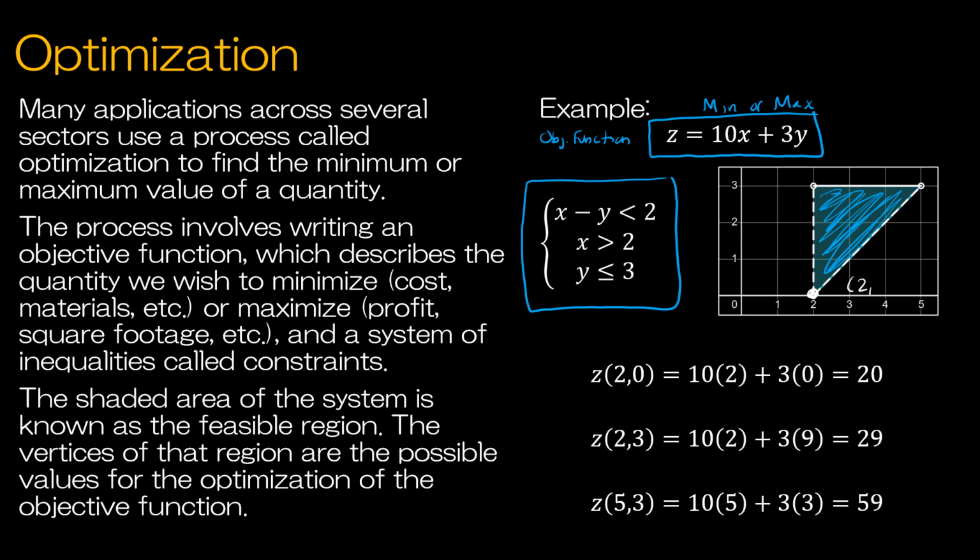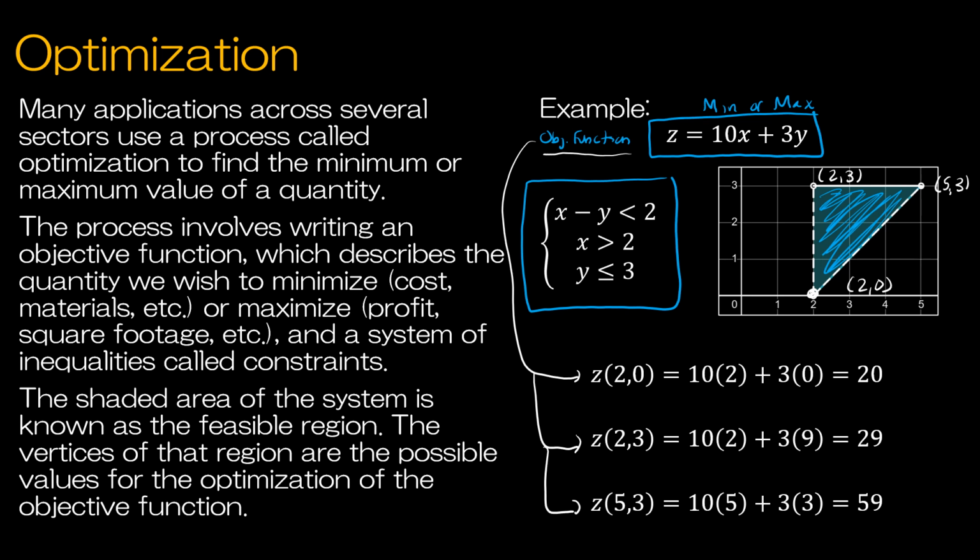So (2, 0), (2, 3), (5, 3). I used this example because we worked on it in lesson 7.5, which you may have just finished watching. So I have 3 endpoints, and then what I'm going to do with those endpoints is take that objective function and plug in each of those endpoints, (2, 0), (2, 3), and (5, 3).